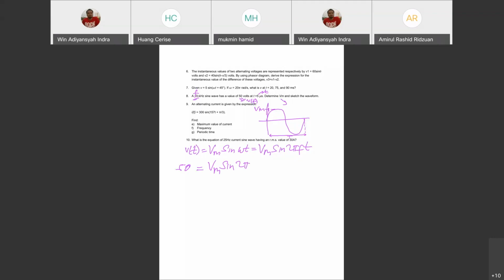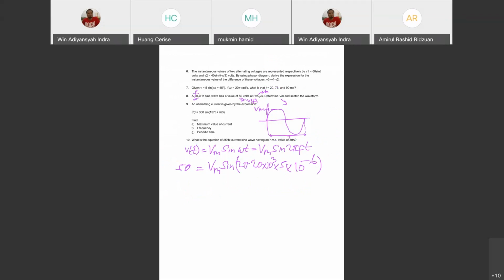2 pi f, f is 20k. t is 5 microsecond, 5 times 10 to the power of minus 6.